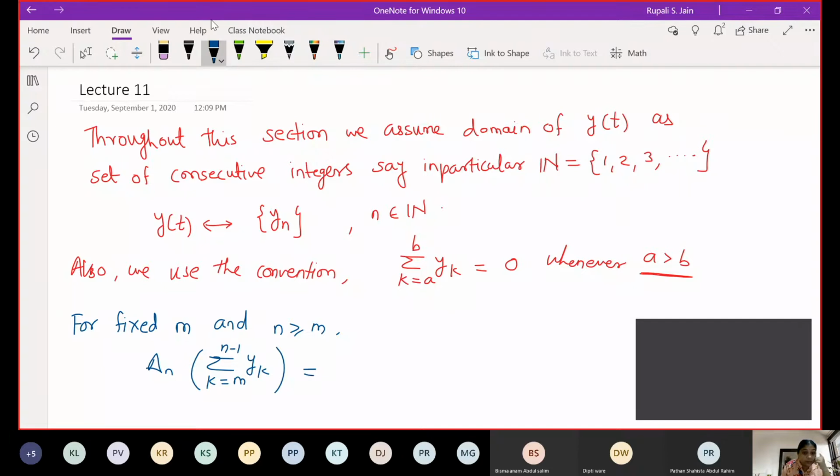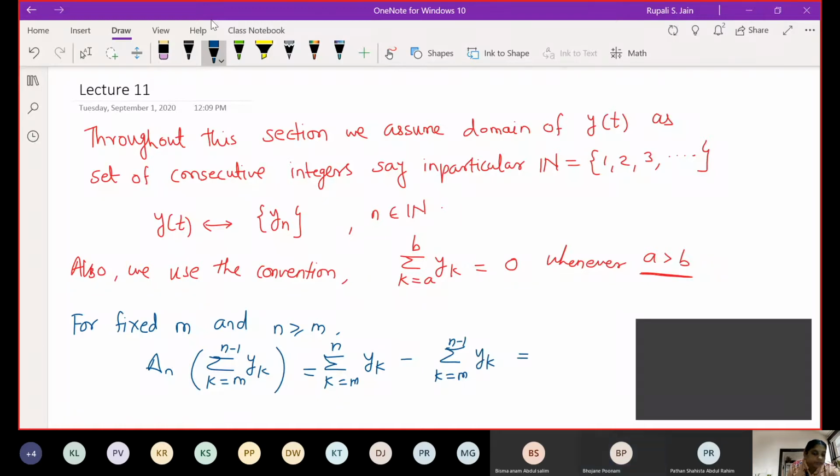Can anybody tell this? Because here k, m and n are involved, I am writing delta particularly with respect to n. Summation k runs from m to n minus 1, plus 1, y_k: k equals m to n, since n will be replaced by n plus 1, so n plus 1 minus 1 will be just n. Minus the summation k equals m to n minus 1 of y_k.